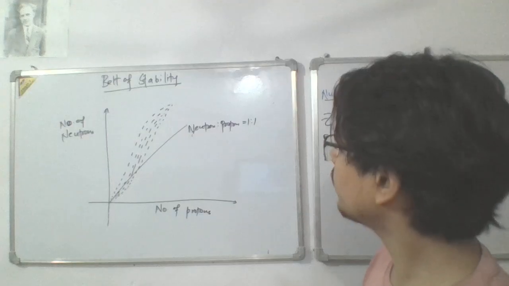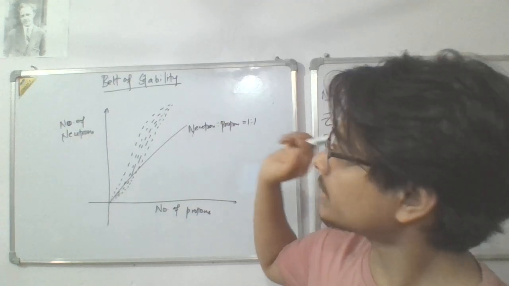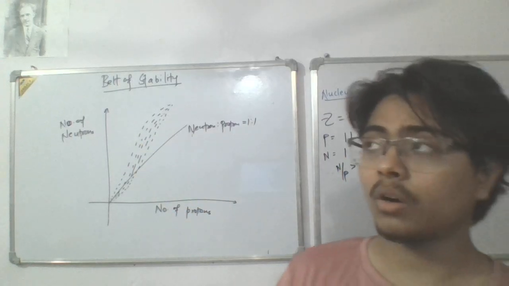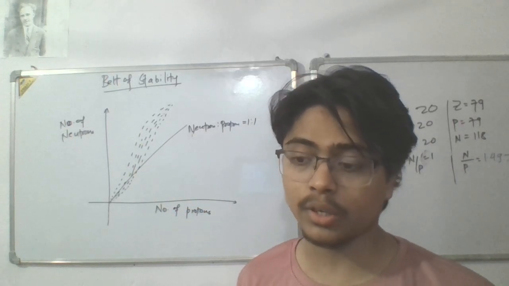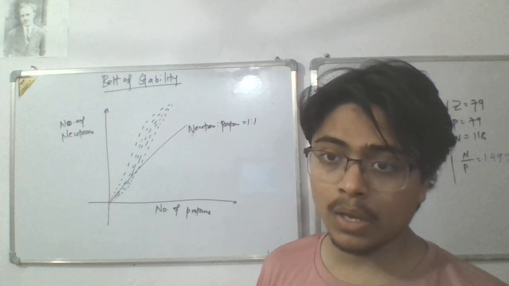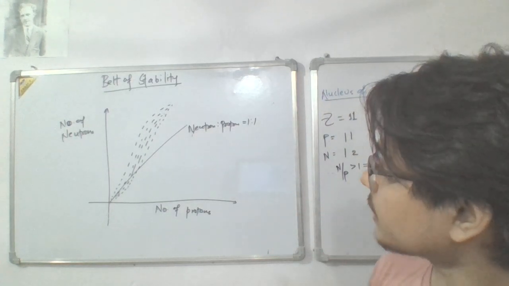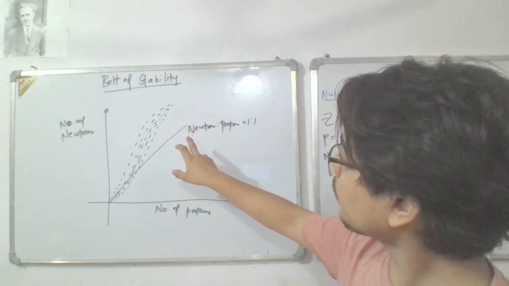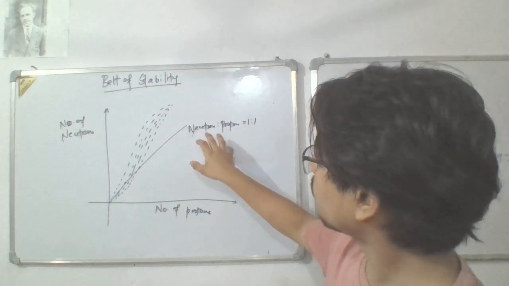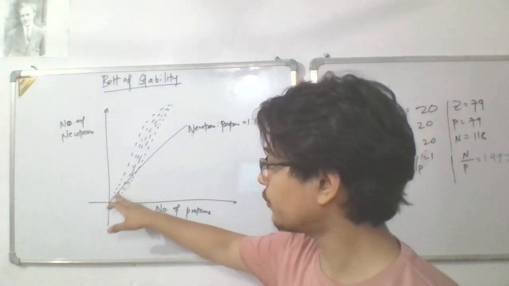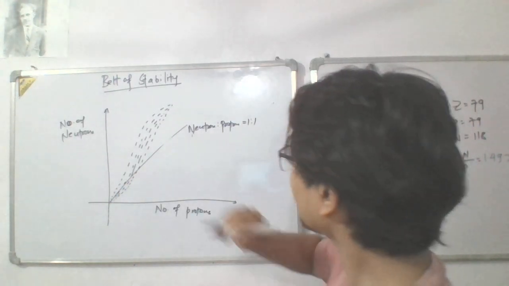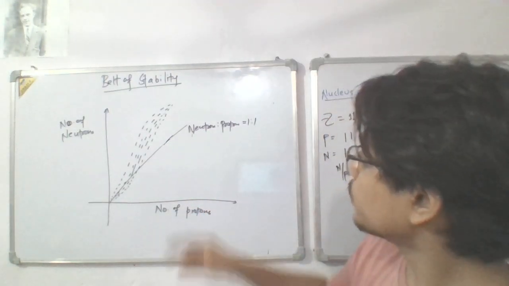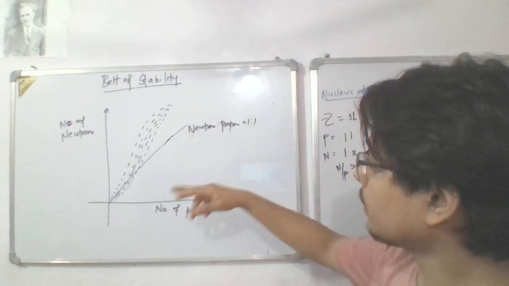If you see this curve, this belt of stability represents the neutron by proton ratio of all 118 elements discovered in nature, and it suggests that we have something called the 1:1 ratio line, which is defined by this line here, and this dotted line shows the deviation from that neutron proton 1:1 line.